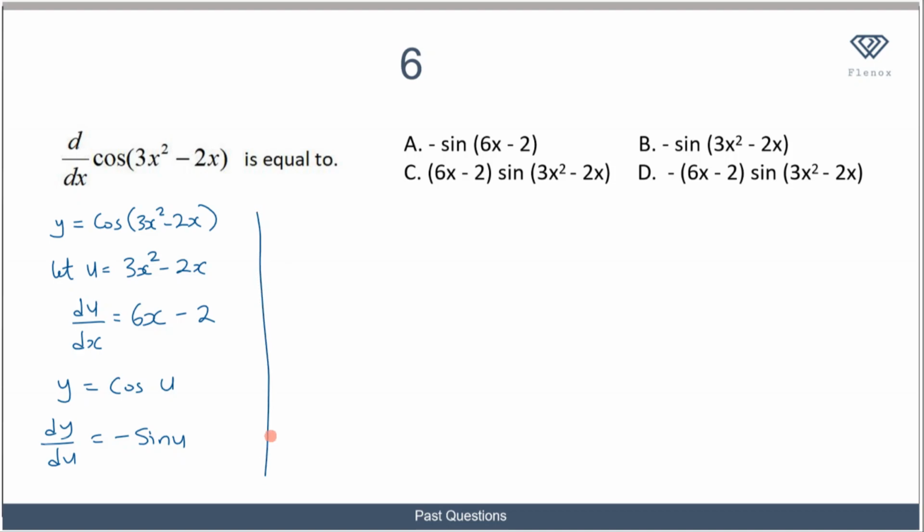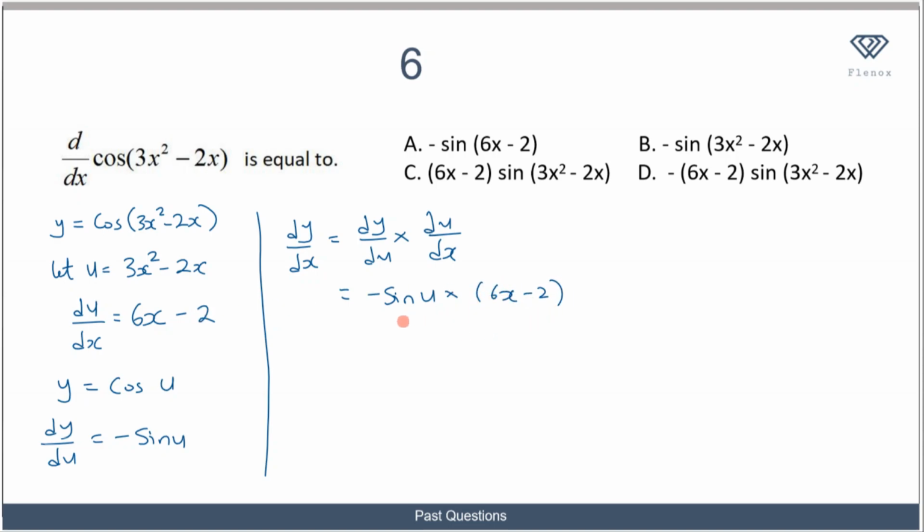So now, based on our expression for the chain rule, we said dy over dx is the same thing as dy over du times du over dx. So this becomes dy over du, which we found to be minus sin u, times du over dx, which we found to be 6x minus 2.